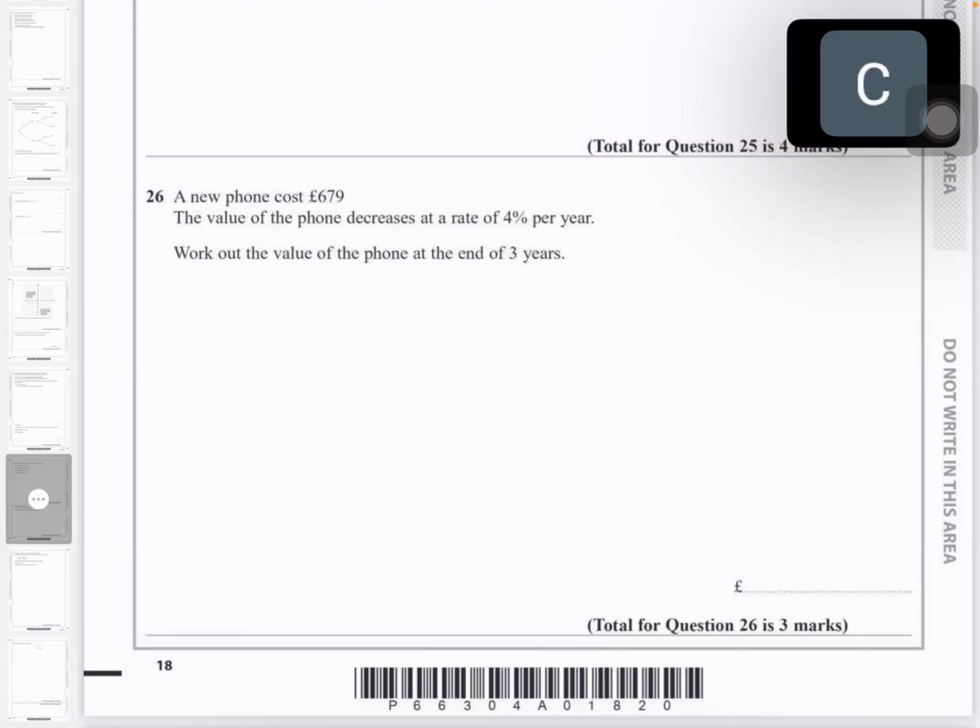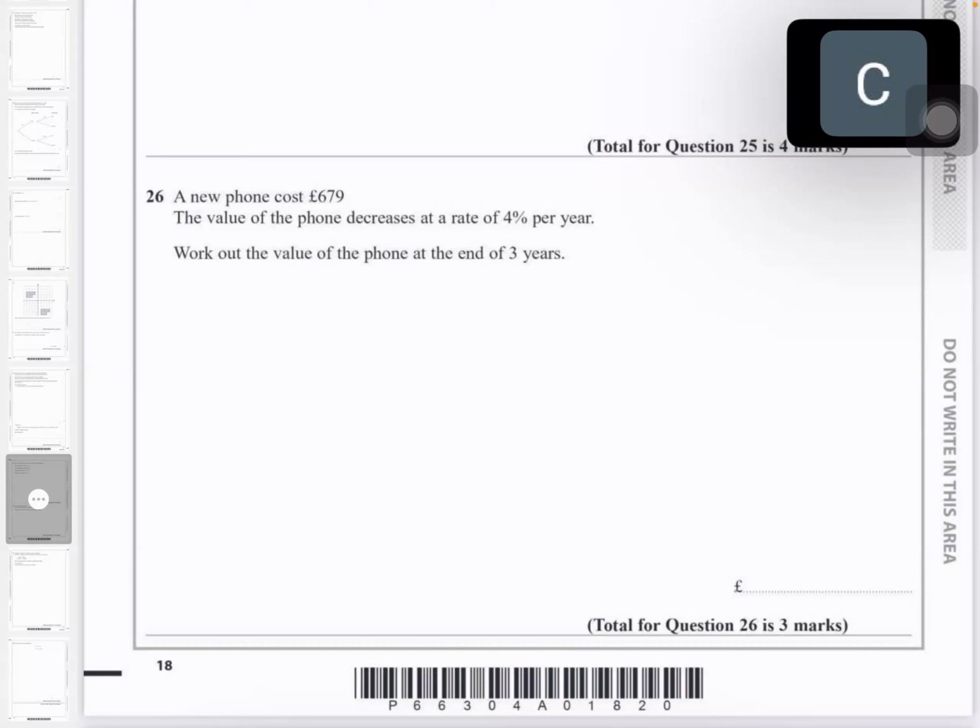I'm just thinking, if you have to do 4% per year, that means you are going to take 4% of £679. You get your answer. That's for the first year, isn't it?